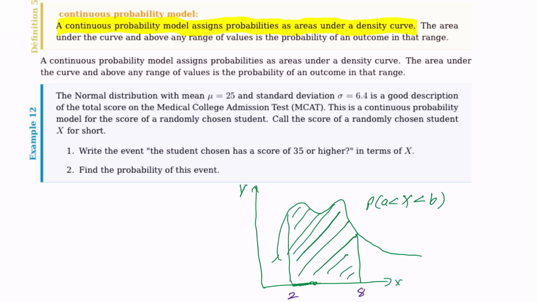If we consider the discrete case, 3, 4, 5, 6, 7, 8, we consider probabilities only of these numbers: x equals 2, x equals 3, x equals 4, and so on. But in the continuous case, we consider each number in between 2 and 8. How many numbers? Infinitely many. So then we use the area to find the probabilities.